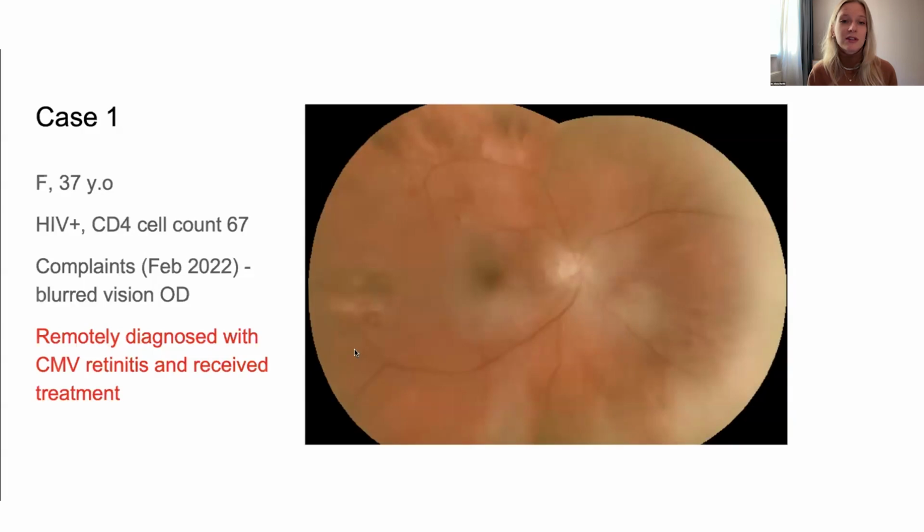So in these pictures, you can see the white area on the superior temporal and the temporal part of the retina. You can see retinal thickening with hemorrhages, and the image is a bit blurred because of the opacities that the patient had in the vitreous. So this makes the diagnosis of CMV retinitis.